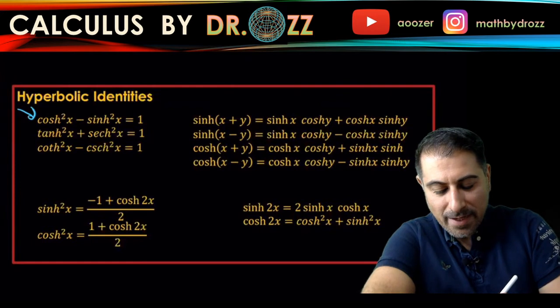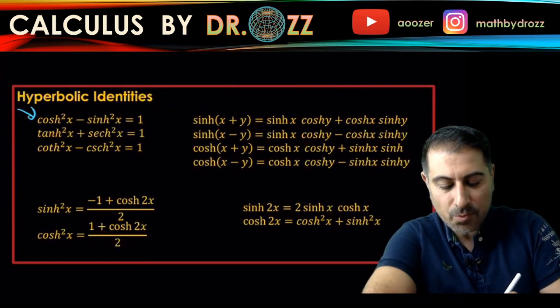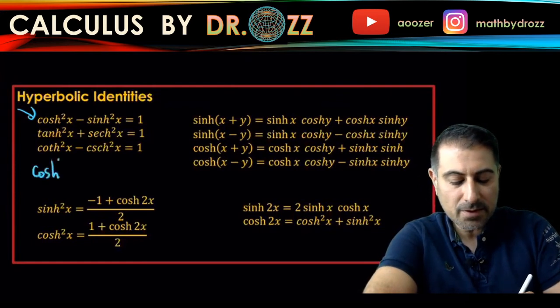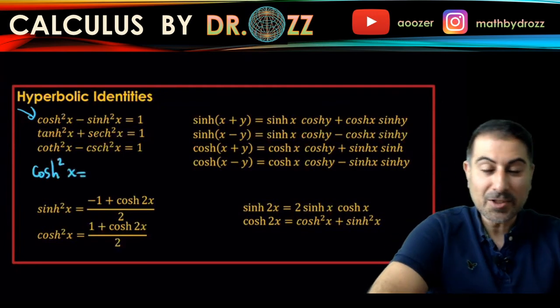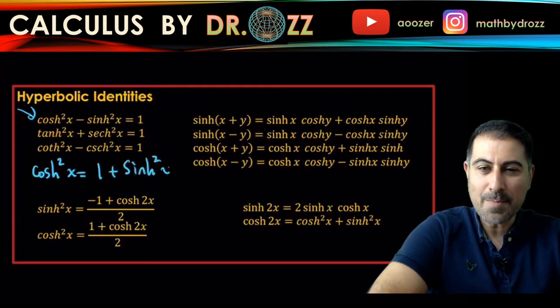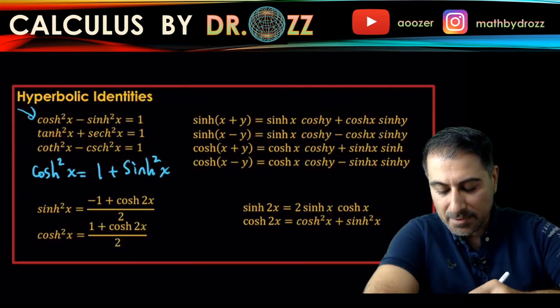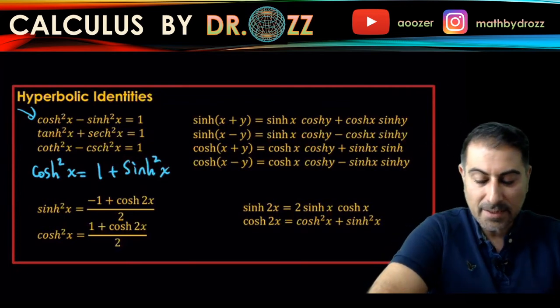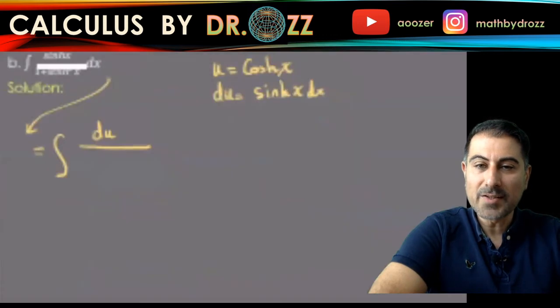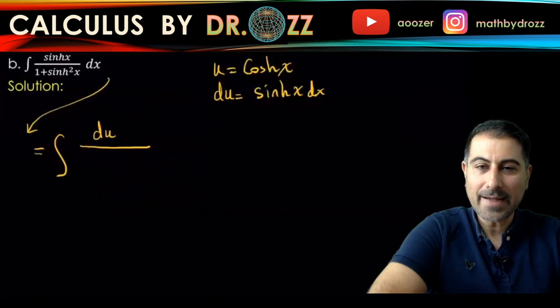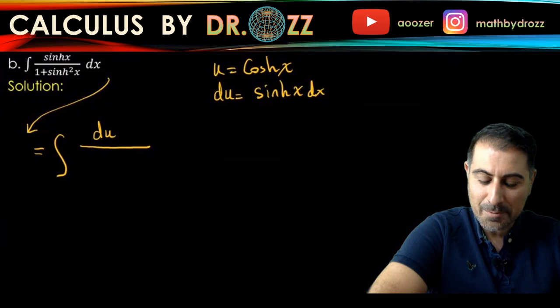So that implies what? Cosine hyperbolic squared x equals 1 plus sine hyperbolic squared x. So now I can make use of this identity in our exercise here. That 1 plus sine hyperbolic squared x is cosine hyperbolic squared x.